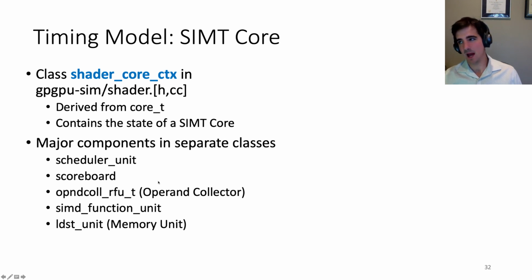There's a really badly named class called opndcoll_rfu, which is basically the operand collector. There is a SIMD functional unit, which actually implements all of the various execution units. And then there is a class that implements the load store unit, which is essentially the memory unit, probably the most complex of the structures.